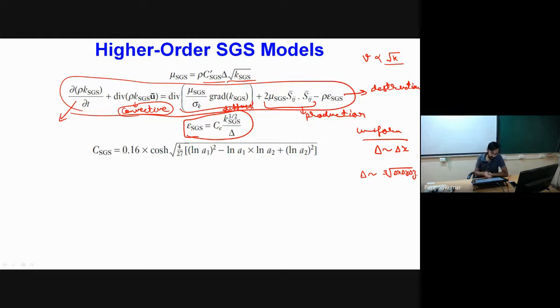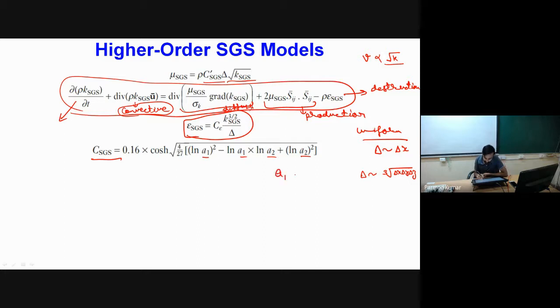But in that case we are having some generalized formulation of this constant, which is given in the form of C_SGS is actually 0.16 into cosh of the square root of this entire term, and over here we are having some A1, A2. So A1, A2 are nothing but the scales which represent the non-uniformity in a certain direction.